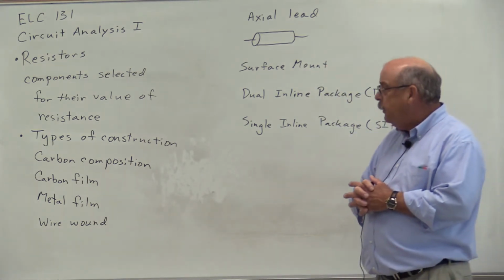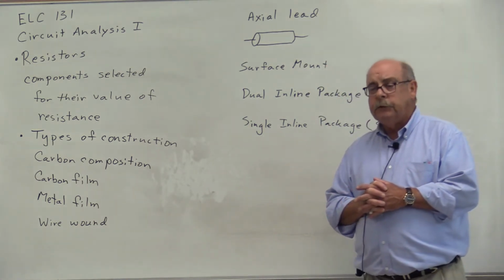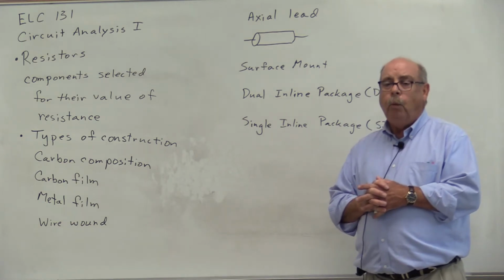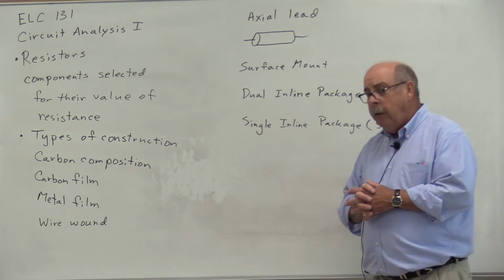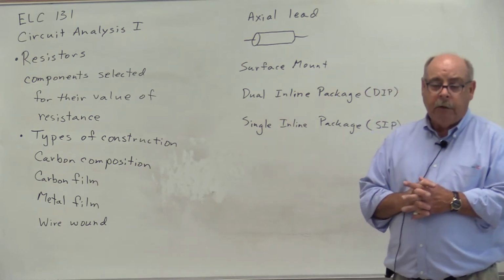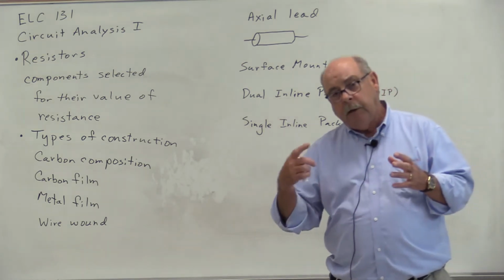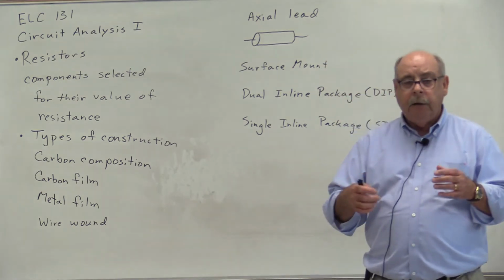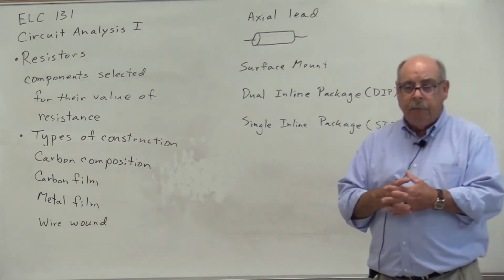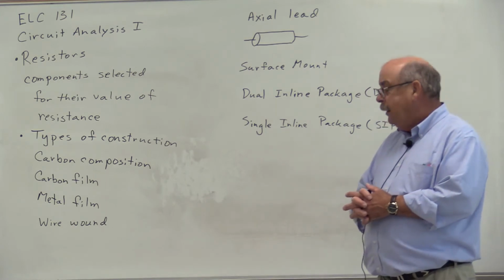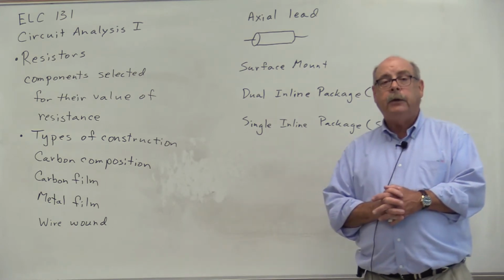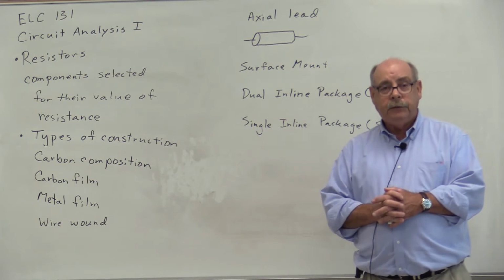And the fourth method of constructing resistors is with what's called a wire wound resistor. A wire wound resistor is just a great length of wire wrapped around and around some ceramic core to give us a resistor that has very high power dissipation capability.